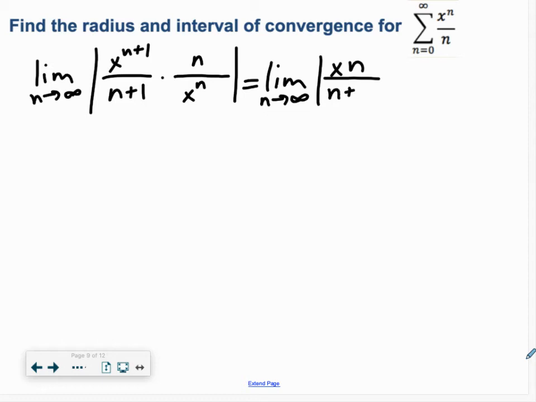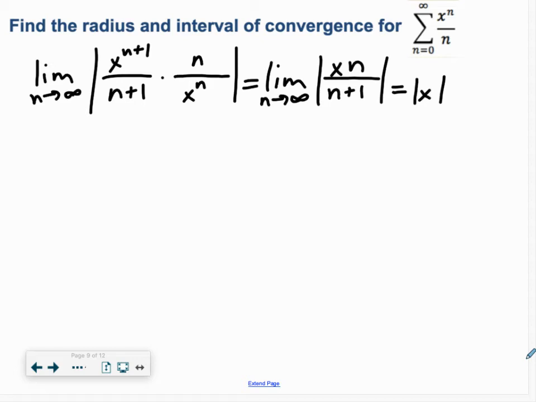over n plus 1. When you're doing your limit as n approaches infinity, think of x as just a constant. The thing that's changing is the n. So as n approaches infinity, n over n plus 1 just goes to 1. And so what you're left with is just the absolute value of x.